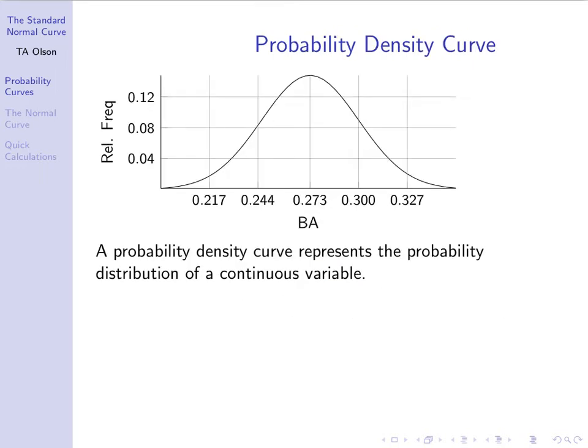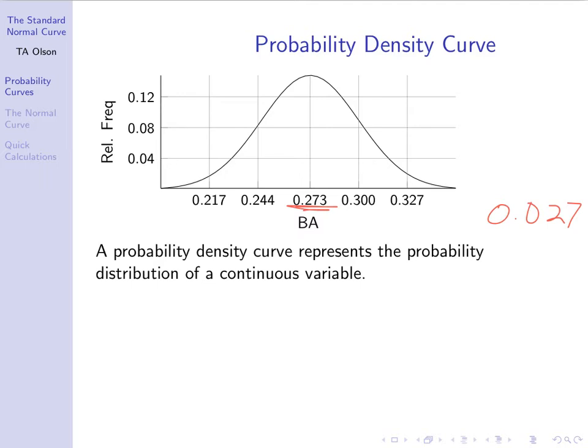All right, so here I've taken my data, I've taken the mean and the standard deviation. The mean was 273 and the standard deviation was 0.027. And I use that information to create this approximation of the curve using a Gaussian function.